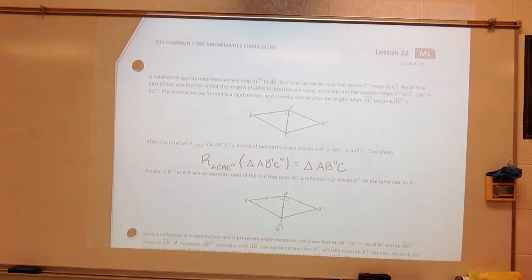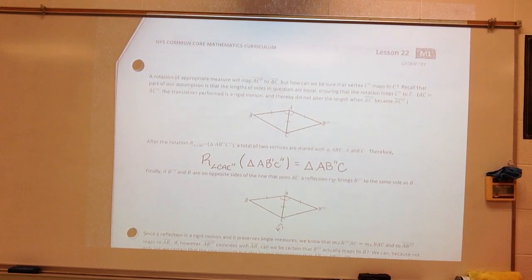Finally, if B triple prime and B are on opposite sides of the line that joins AC, a reflection, and we would write it like this, right here, reflection of AC brings B triple prime to the same side as B. Alright?